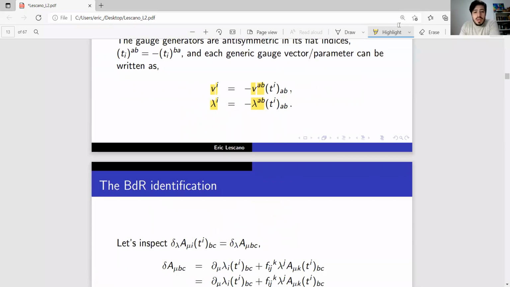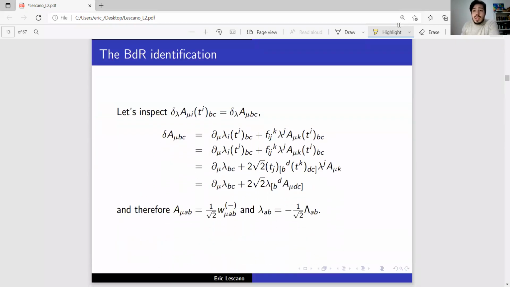So if we perform this identification and we try to understand what kind of transformation this new field has, we have a new field over here that is a gravitational field, and this new field transforms in this way. So if we identify this new field with the spin connection with torsion and this new parameter with the Lorentz parameter, we have exactly the transformation of a spin connection with torsion.